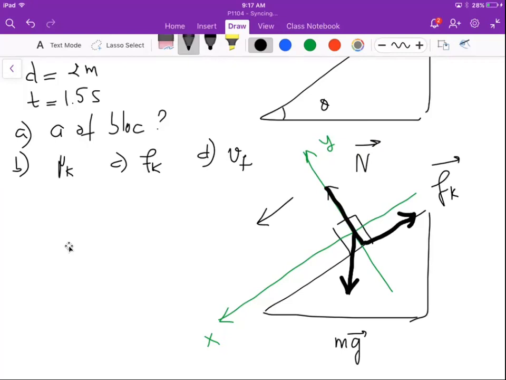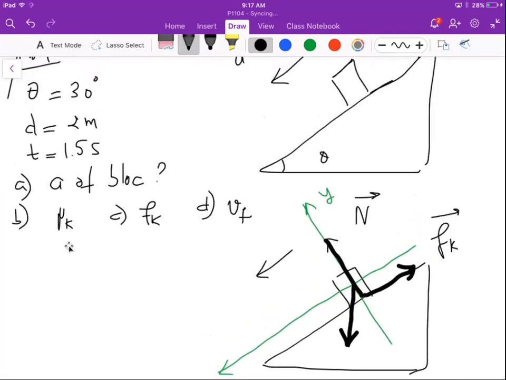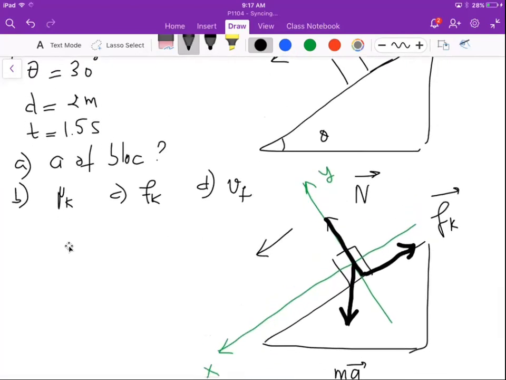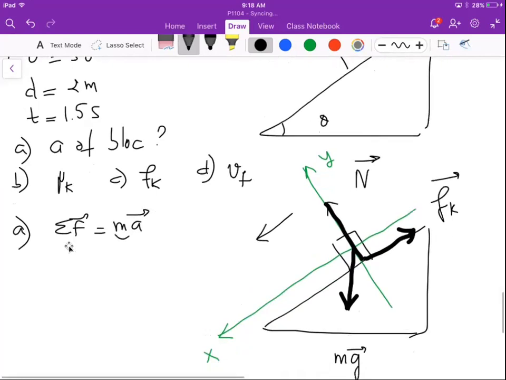Okay, so let's analyze a little bit. We know that mg, n, and Fk are all constant forces. So they do not change as a function of time. And from here, we can deduce, since Newton's second law tells us that the sum of external forces is equal to ma, if the forces are not time dependent, and of course the mass does not change as a function of time, we expect the acceleration to be a constant.